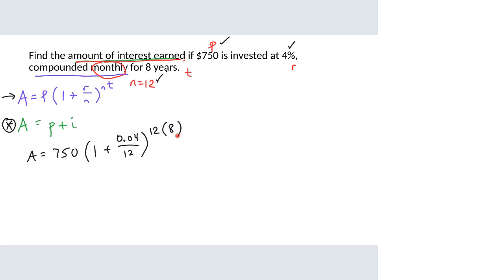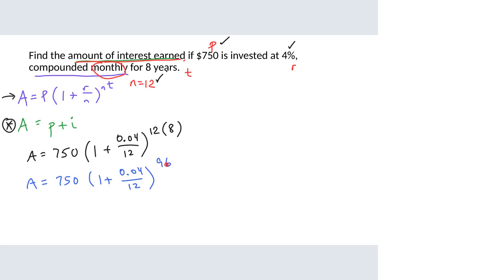First thing we'll do is clean up that exponent up there. We'll go ahead and multiply those, and I'll have 750 times 1 plus 0.04 over 12 raised to the 12 times 8, whatever that is, 96. What that is over the life of this investment, there's going to be 96 times that the interest gets compounded. 12 times a year for 8 years.